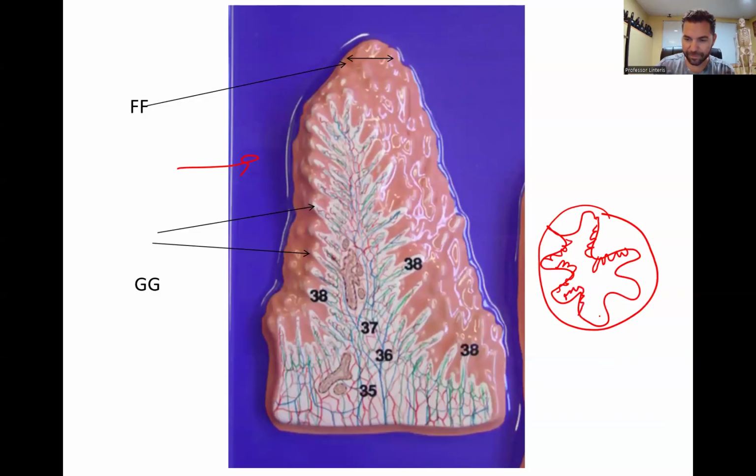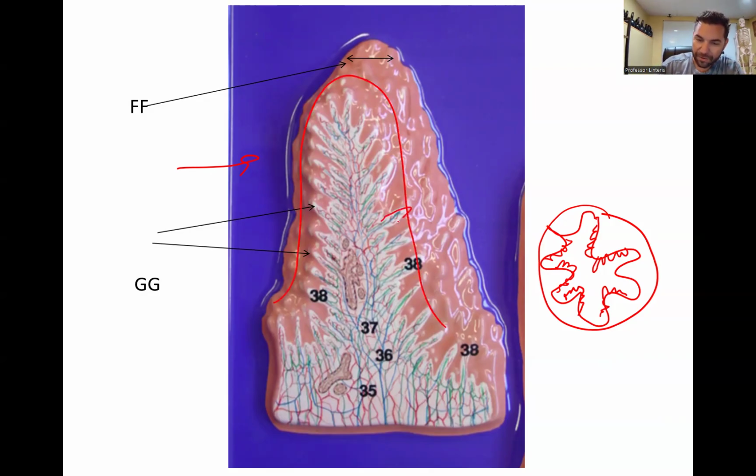These are little hair-like projections. The point of these is to increase the surface area of the small intestine so we can absorb as much as humanly possible. That's the goal. More little folds, more little fingers, more absorptive area. We want to maximize nutrient absorption. So this is our villus.